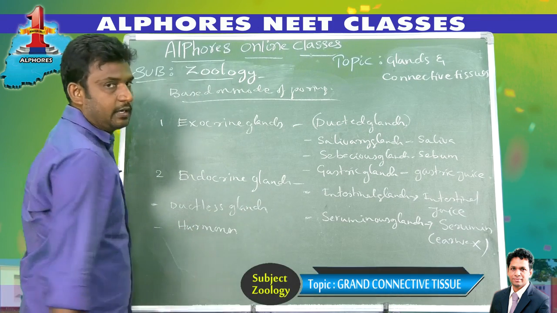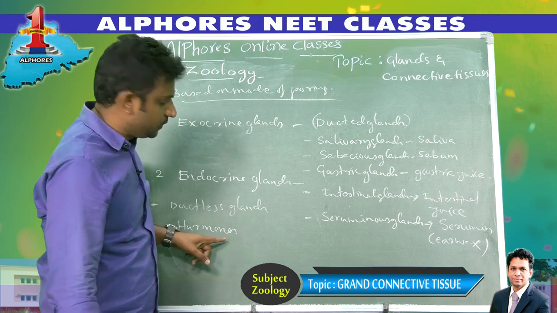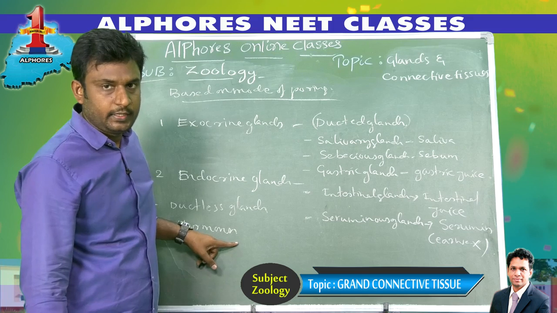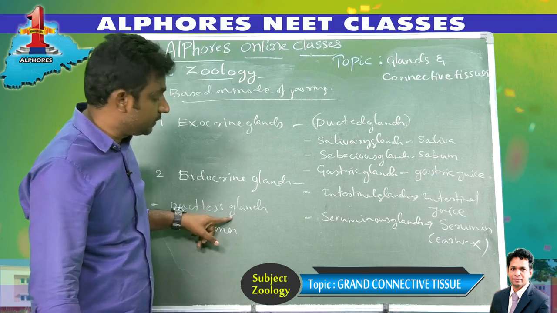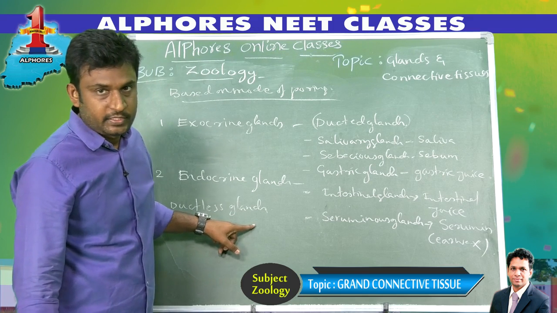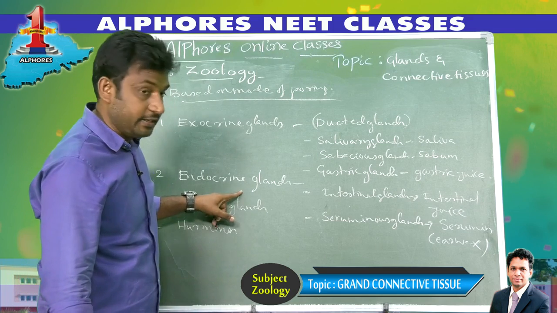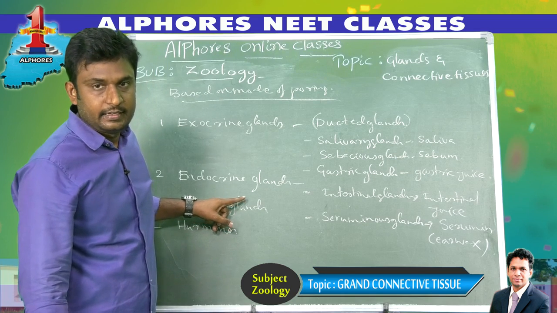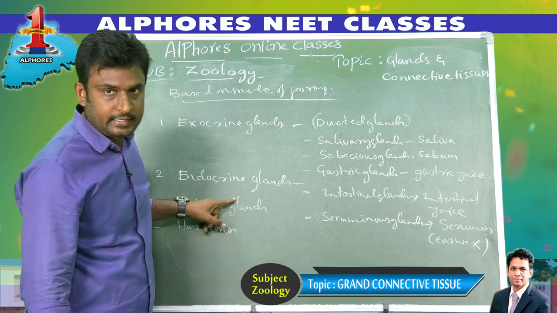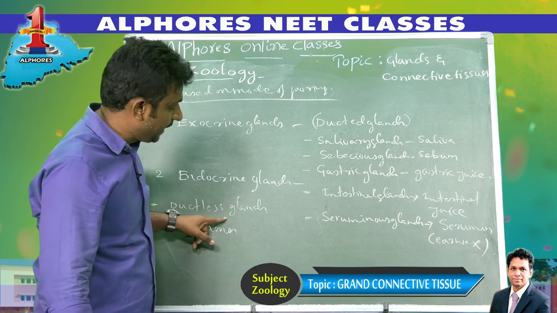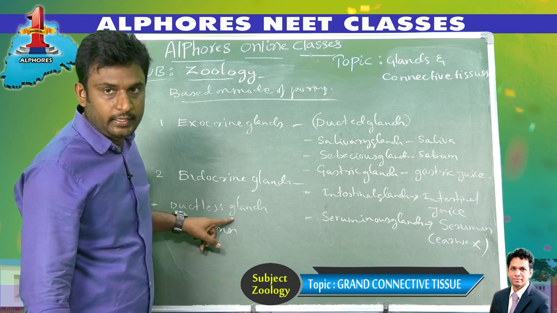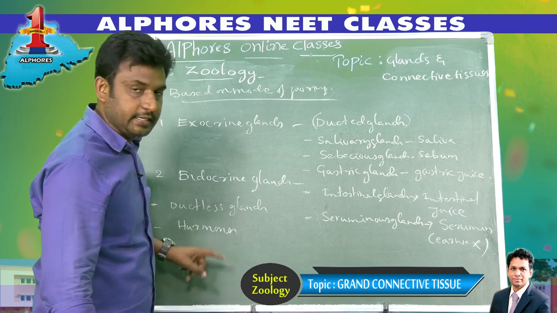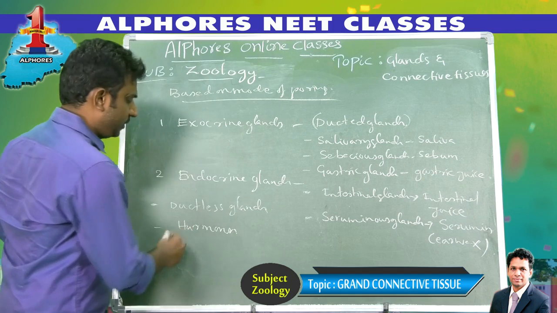Hormones are released into the blood directly, not through ducts. Ducts are not present. That's why these are called ductless glands. They secrete secretions directly into the blood without ducts. So they secrete hormones.